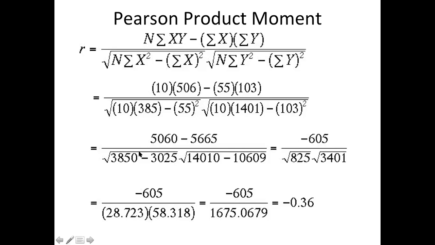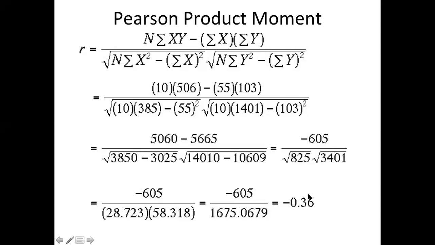Divided by the square root of 10 times 385 minus 55 squared, and then times the square root of 10 times 1401 minus 103 squared. And we have this, minus 605 divided by the square root of 825 times the square root of 340, is the R, which is minus 0.36.